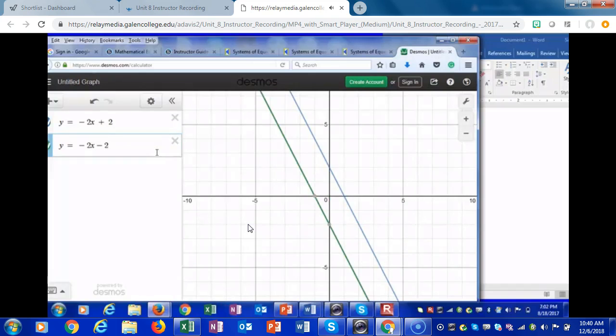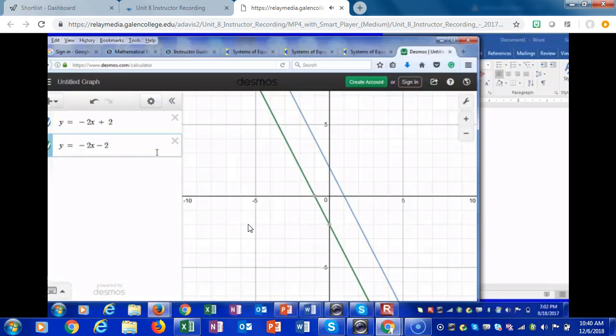Now what happens here? You notice there is no intersection point. Why? Because these are parallel lines. Parallel lines do not have an intersection point because they never meet. They never touch. So in this instance, you would say no solution, or you could also say parallel lines.